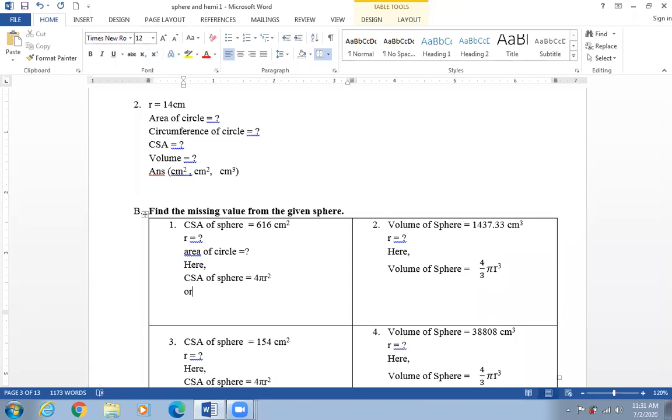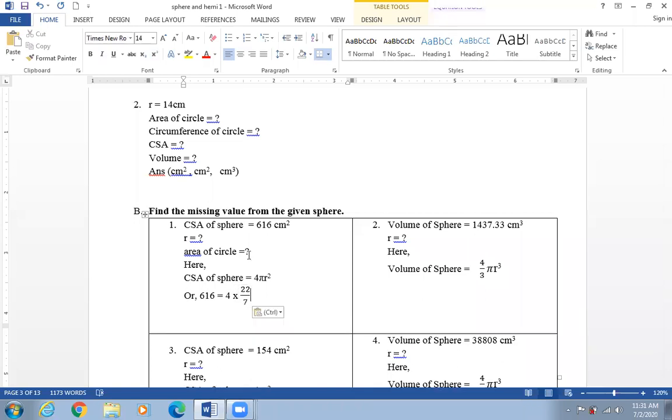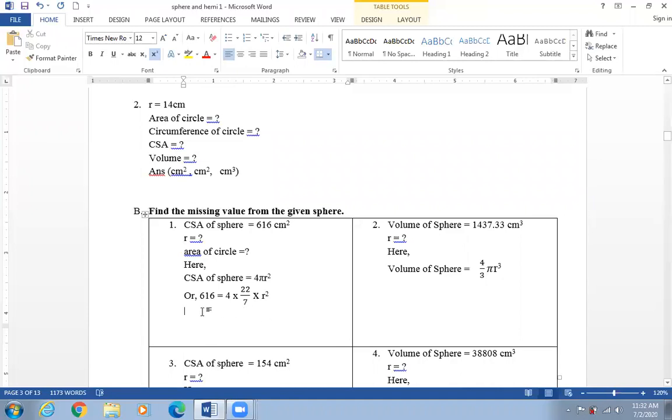So 616 equals 4 into 22 by 7 into r square. Do we have the value of radius? We don't have the value of radius.